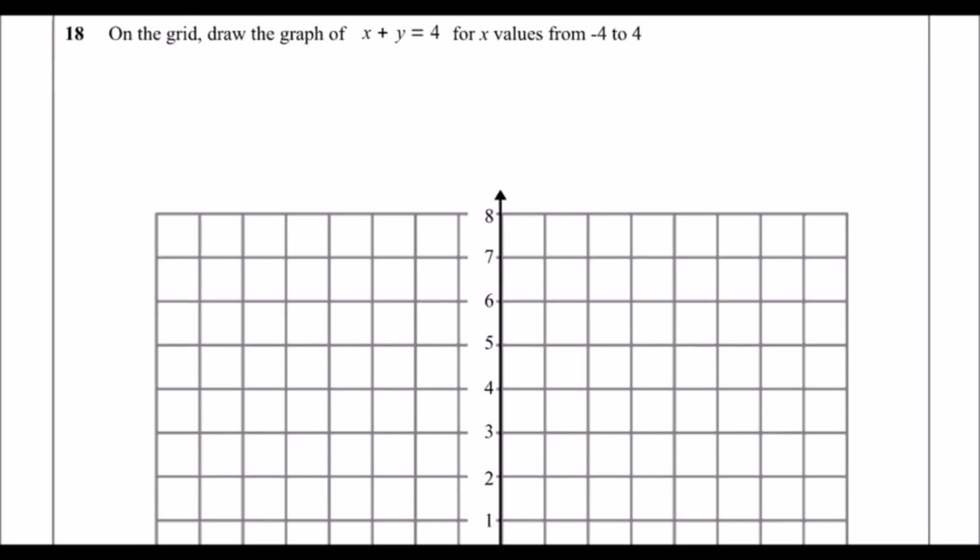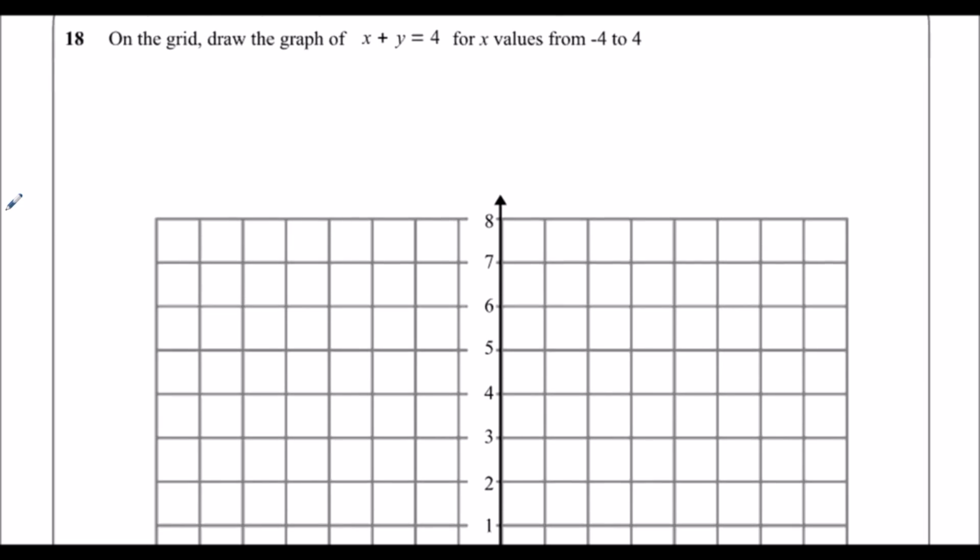Question 18. On the grid, draw the graph of x plus y equals 4 for x values -4 to 4. They haven't given us a little table to work out values.